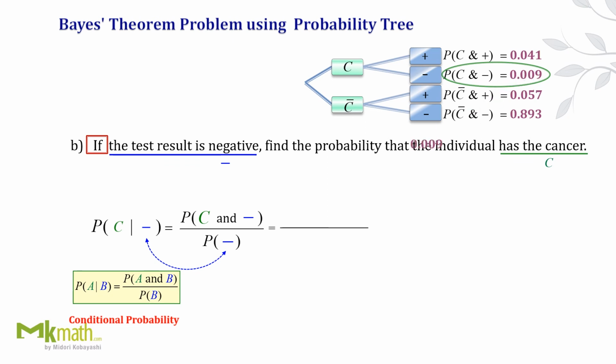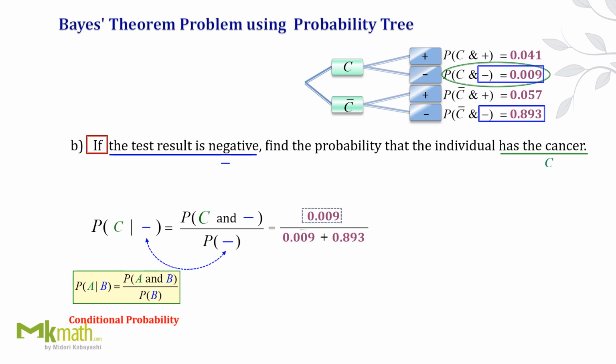Place the value on the numerator. For the marginal probability of a negative result, we can see two negative situations regardless of cancer in the tree diagram. So add those two cases and place them on the denominator.